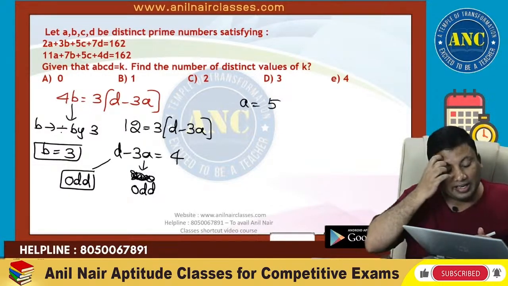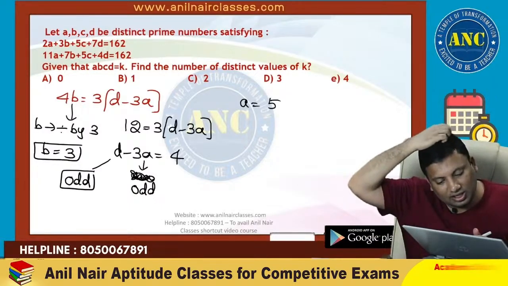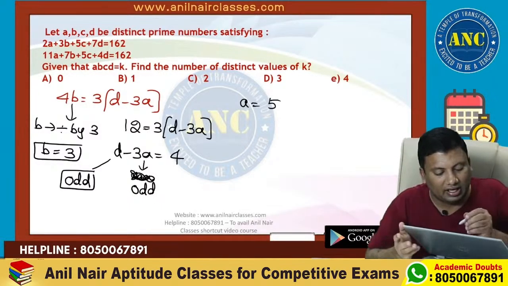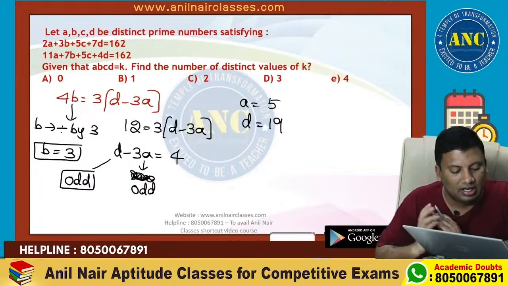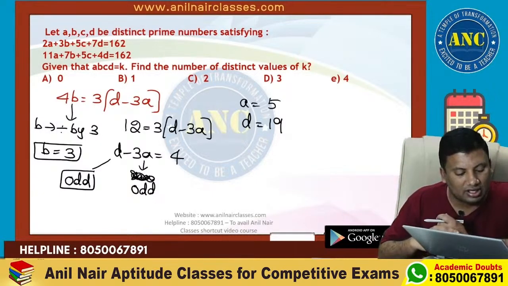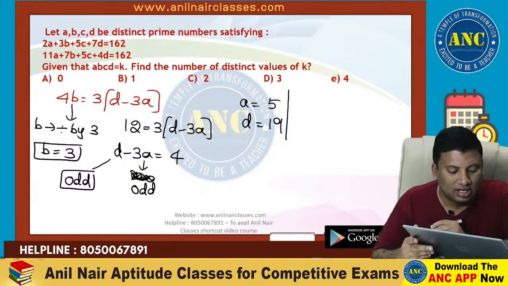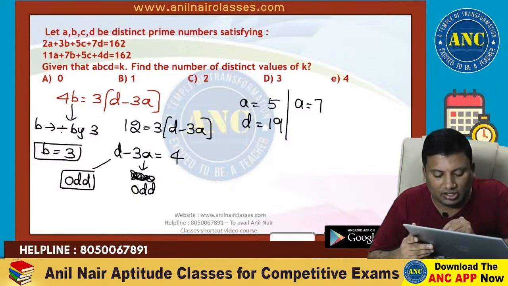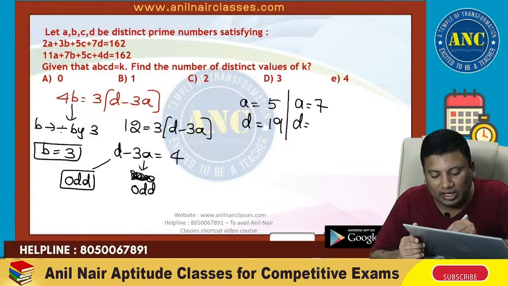Suppose I take A value 5. If I take A value 5, what will be the answer? 3 5s are 15. D will become 15 plus 4, 19. D value is 19. 19 is a prime number. This is one case. If A is nothing but 7, 7 3s are 21. D value 25.